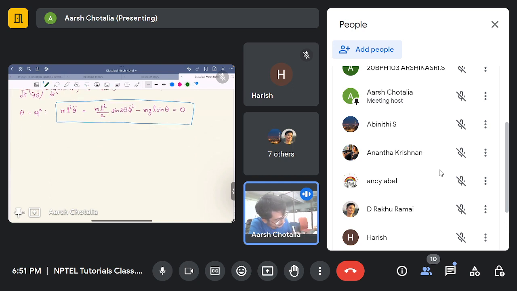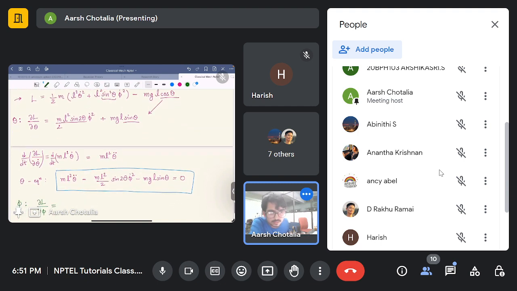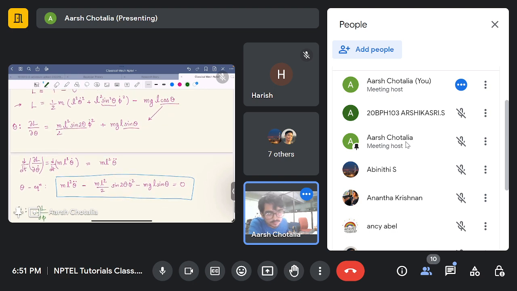Okay, what about phi? With respect to phi, what would its derivative of this Lagrangian be?